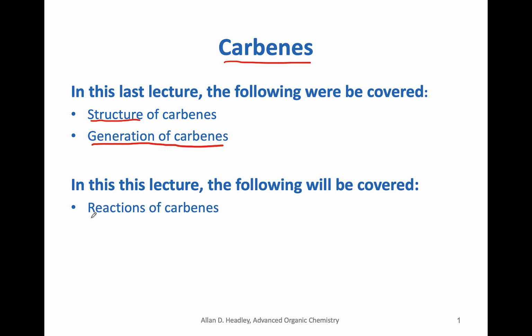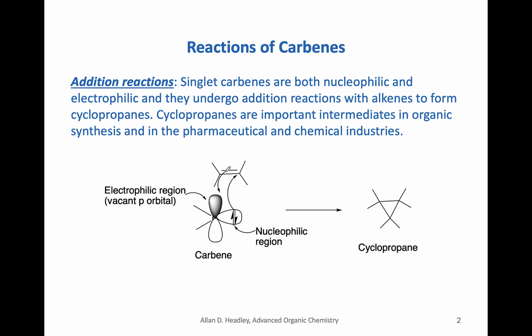In this lecture, we will concentrate primarily on the reactions of carbenes. Since we now know how to make carbenes, we will now concentrate on their reactions. Okay, the first type of reaction that we look at is addition reactions.